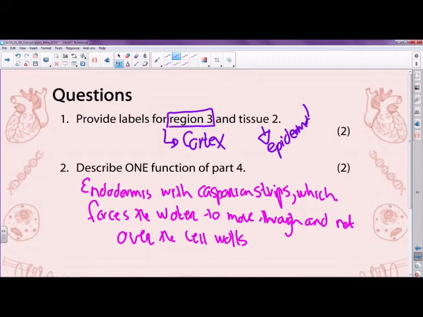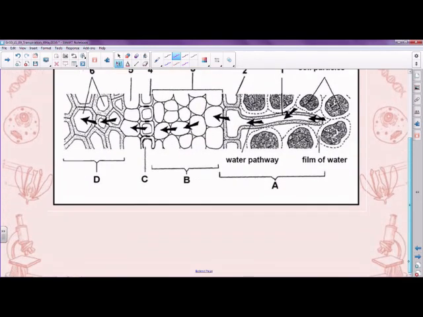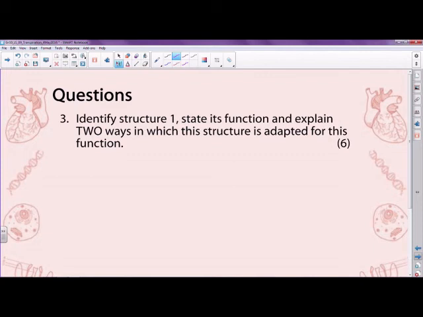Okay, the next set of questions on this one. Diagram again. Question number 3. Identify structure 1, state its function, and explain 2 ways in which the structure is adapted for the function. So let's start. There are 3 things here. Identify structure 1.